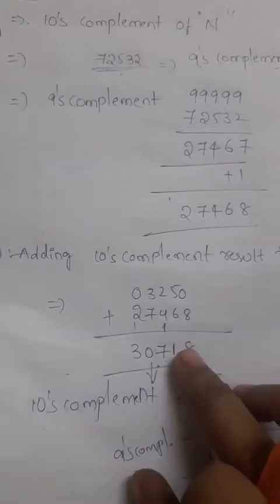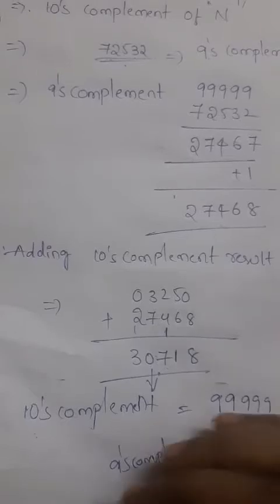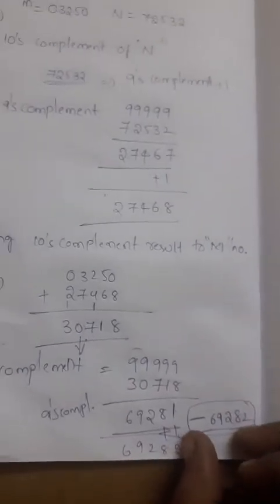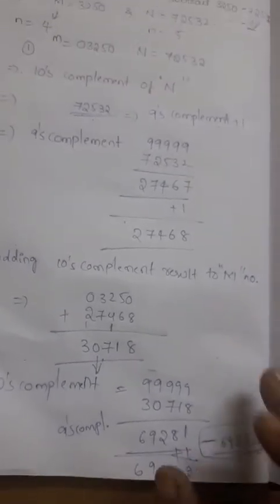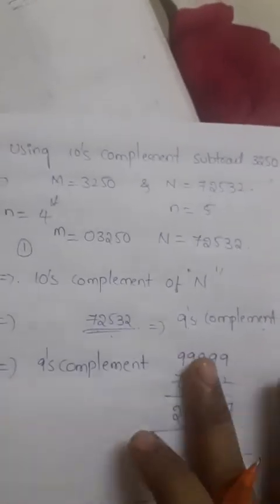After adding we get the result, and that result is converted to the tens complement again. Why are we doing the tens complement again? Because we need to indicate the negative result, the negative side. So this is the procedure for the radix complement using the tens complement.